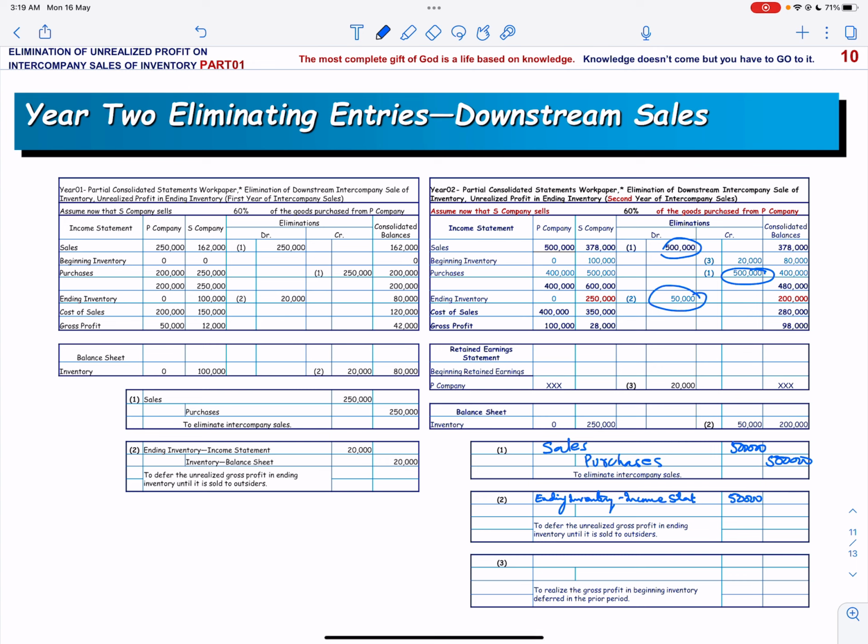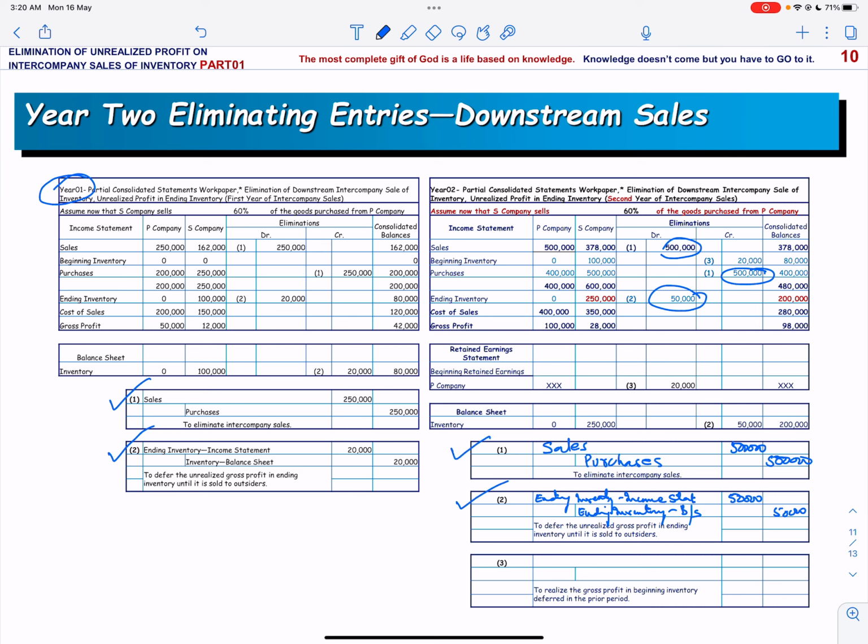And ending inventory in the balance sheet is credited by 50,000. So if you look into the first year elimination entries, we have the same here as well. So these are the similar entries.